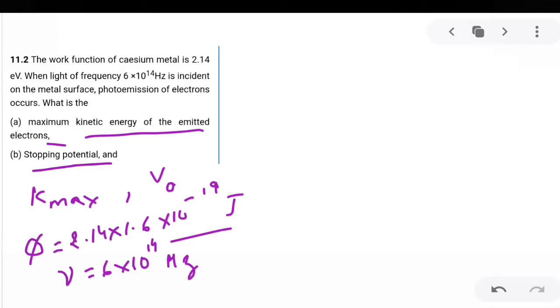Now let us use Einstein's photoelectric equation. K max, the maximum kinetic energy, is equal to h nu minus phi.